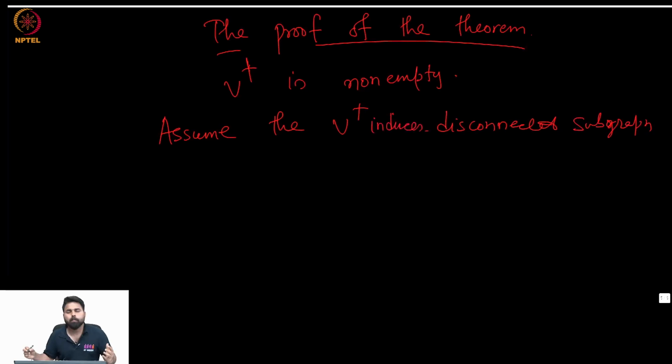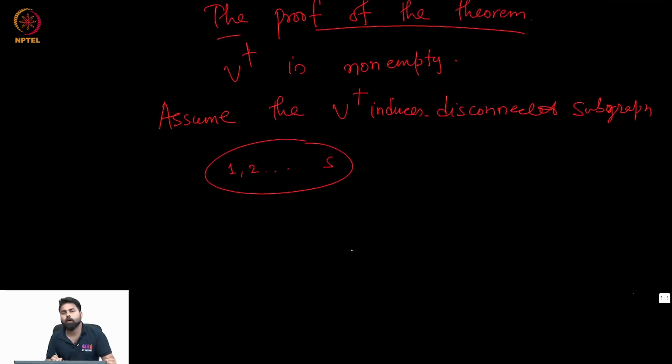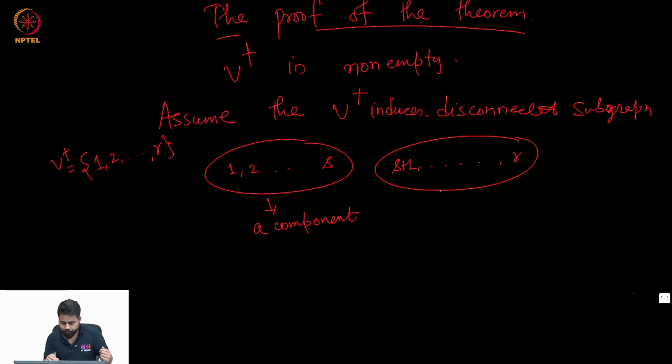Great. So let us choose, out of V plus, the vertices from 1 up to S, which form one connected component, and then the vertices S plus 1 up to R. So basically V plus is all the vertices from 1 up to R, and out of this, the first S form a connected component, and the rest form a subgraph on the remaining vertices.